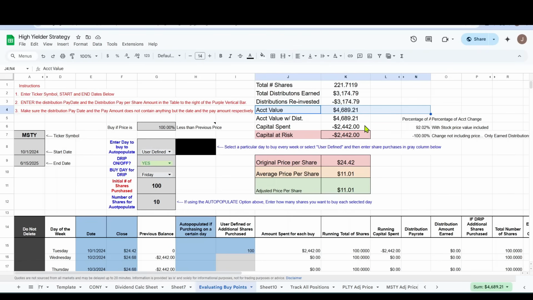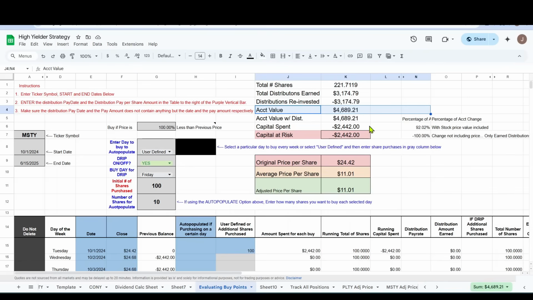In this case, you're still up about $2,200, right? $4,600 minus the $2,400, about $2,200. You're still up, so that's what you could capture, but that does mean that you're selling out of it. And if you're not in a place where you want to sell, then the current price of MSTY would matter a little bit more if it was to keep going down.